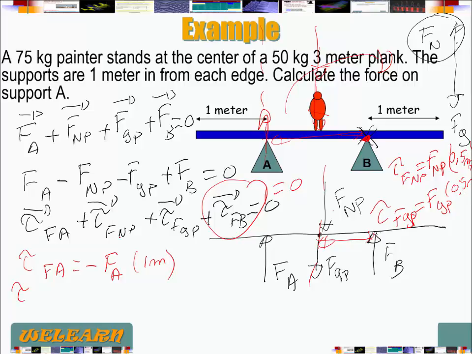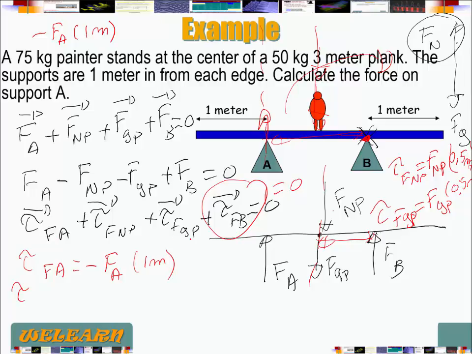So when I write the sum now, it's minus FA times 1 meter. That's torque due to FA.